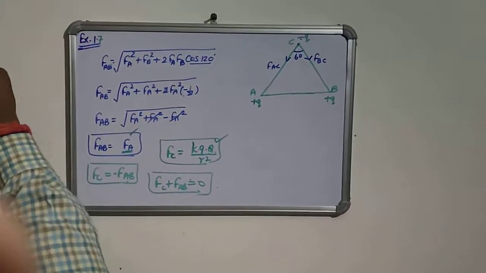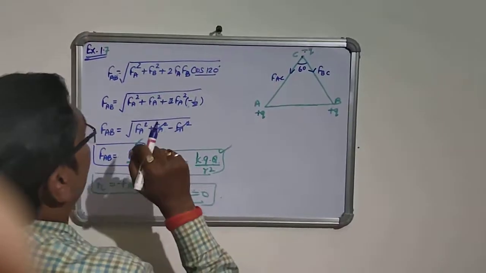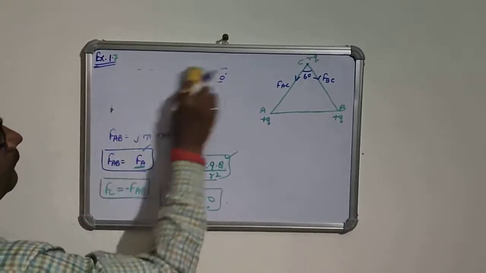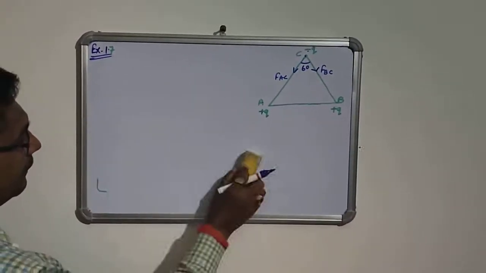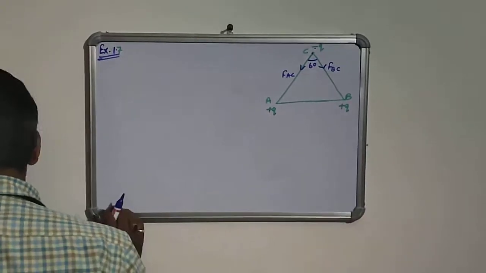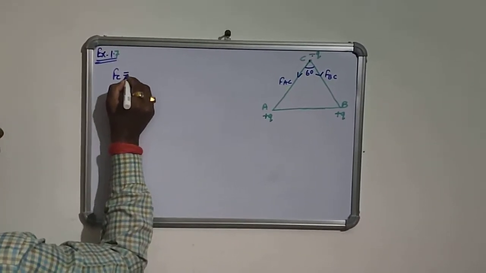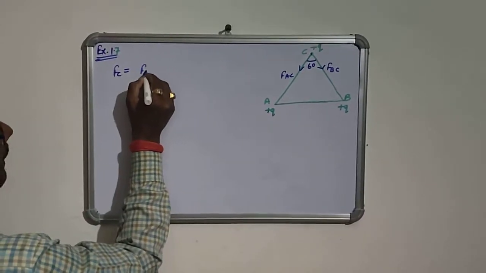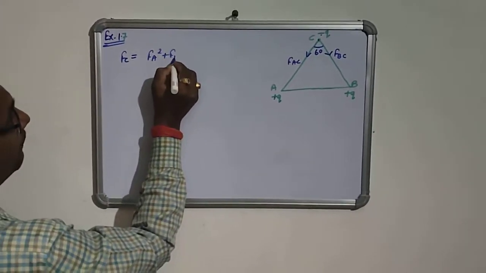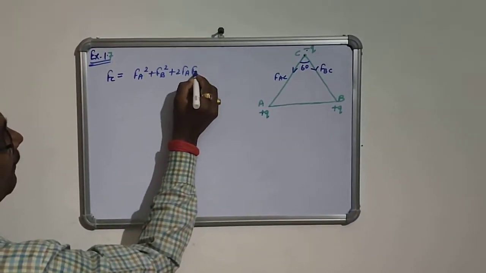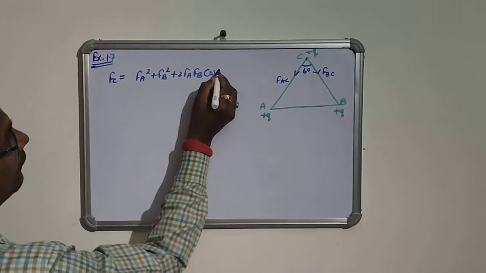Now the resultant force on the -q charge, F_C, is equal to the square root of F_A square plus F_B square plus 2 F_A F_B cos theta.